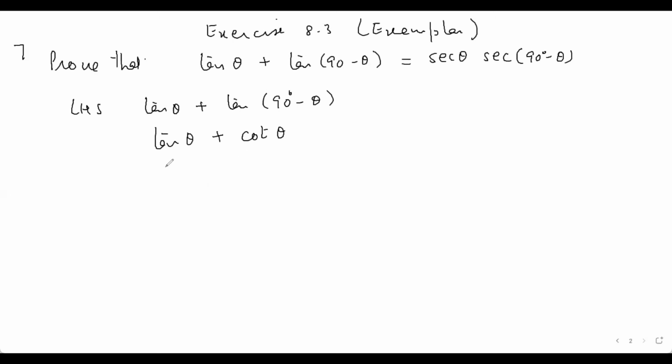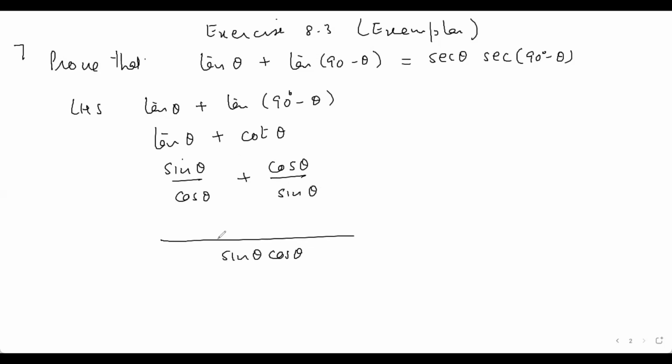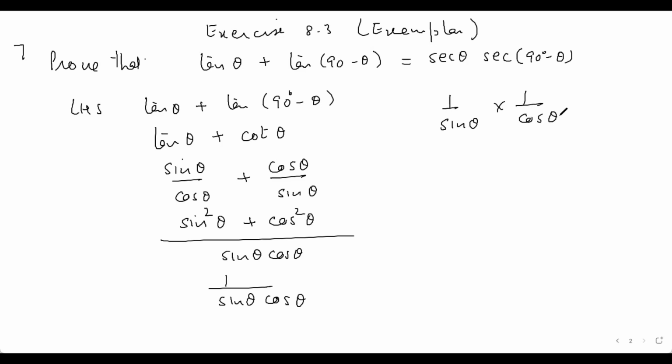Tan theta, we can write it as sin theta by cos theta, and cot theta can be written as cos theta by sin theta. Now the LCM is sin theta cos theta. In the numerator, I'll have sin square theta plus cos square theta. This is equal to 1 over sin theta cos theta, which is 1 over sin theta into 1 over cos theta.